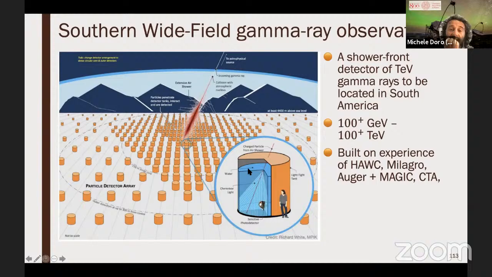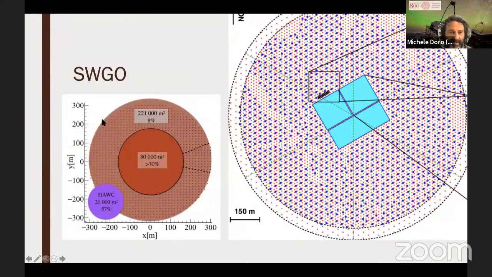This will be similar to LHAASO, but LHAASO is in the Northern Hemisphere, and we are not sensitive in the Southern Hemisphere. So we have to go there and build an instrument in South America. Okay, so look here, this is our idea for the moment of SWGO. This is how big LHAASO is compared to the other efforts in the field. Okay, so that's real power.